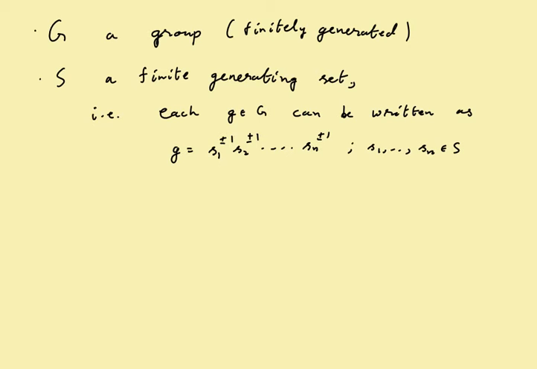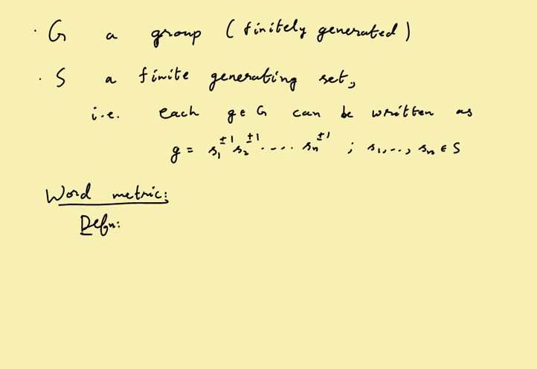Okay, so I'm not taking symmetric generating sets. Sometimes by convention we assume that the inverses are also in S, and so then you don't need to put plus or minus 1 here. Okay, and so each element can be written in this way, what is called a word metric. But so far we are just looking at the corresponding norm, which is the following.